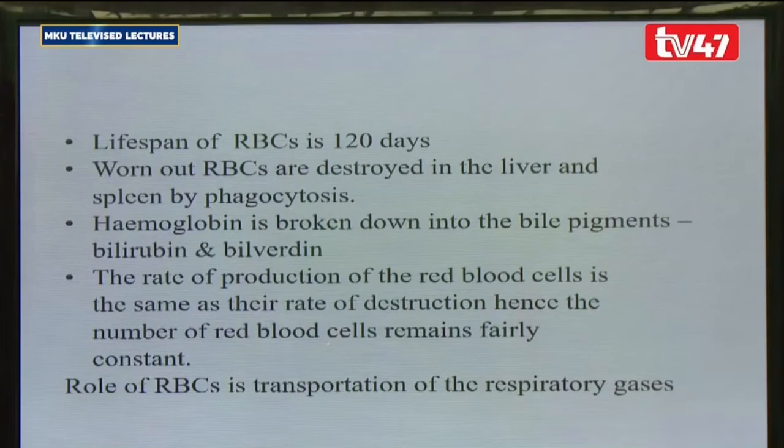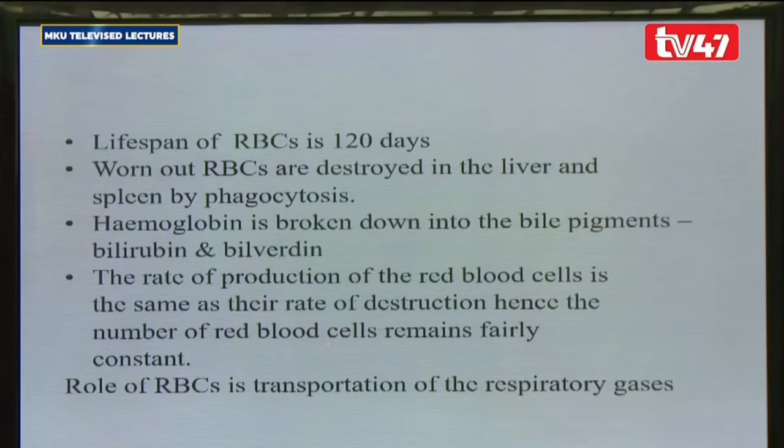To demonstrate the high affinity for oxygen, we use the oxygen dissociation curve, and this is what the oxygen dissociation curve looks like. The steep part here tells us how quickly hemoglobin can pick up the oxygen. And it also shows what would happen in case you have got less oxygen and more carbon dioxide, which is the other respiratory gas.